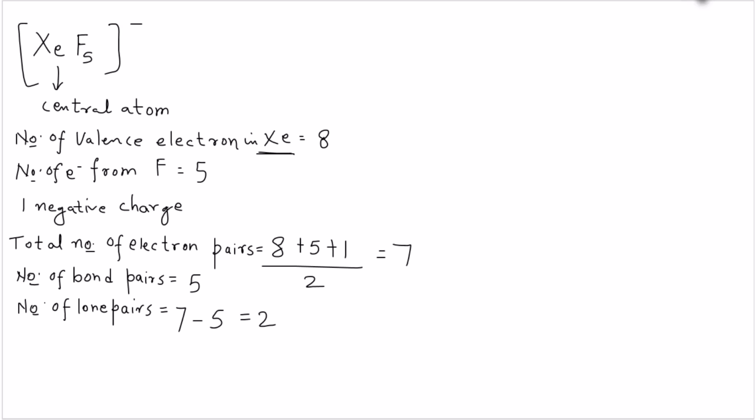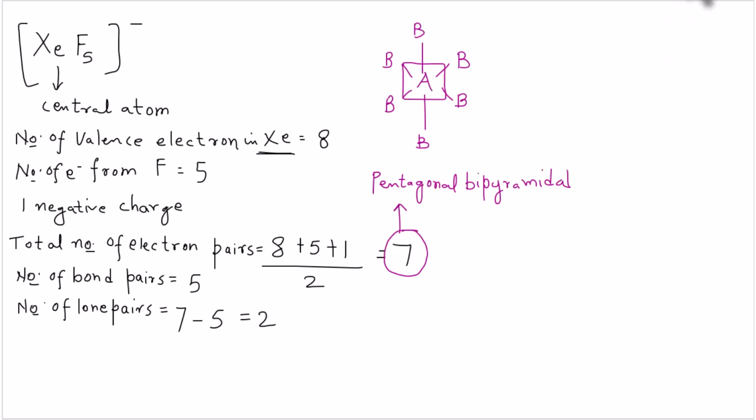Now according to VSEPR, if the total number of electron pairs is 7, then it gives a regular geometry of pentagonal bipyramidal, which looks something like this. We have an octahedral kind of structure and an additional bonded atom. So we have 7 bonded atoms here: 3 plus 3, 6, and 1, 7.